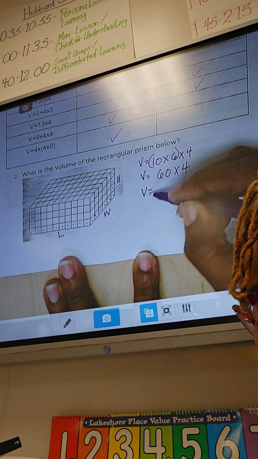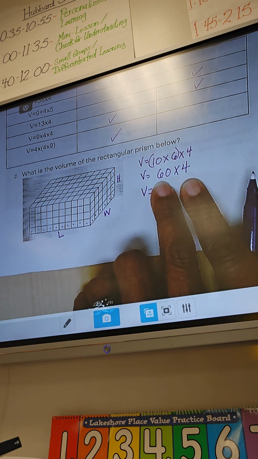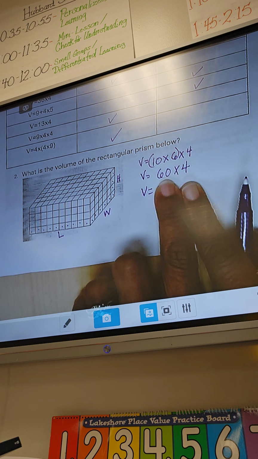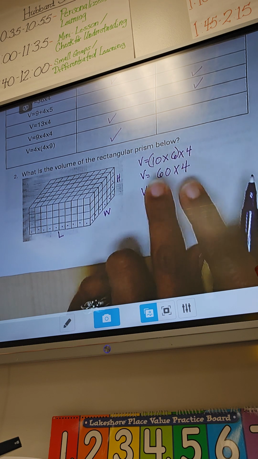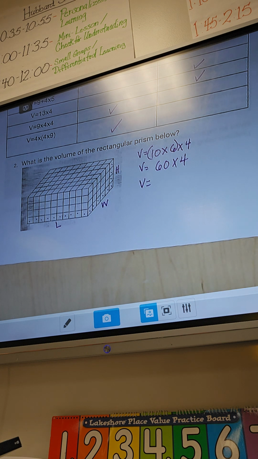Therefore, volume equals, look at this, when you multiply by a number, listen, because remember what I said, I don't want to just give you the answer, because some people need more than just the answer. They got to know how to get to the answer. And I want to give you easy ways to remember so you don't have to go through such a long process, because you only have 90 minutes.